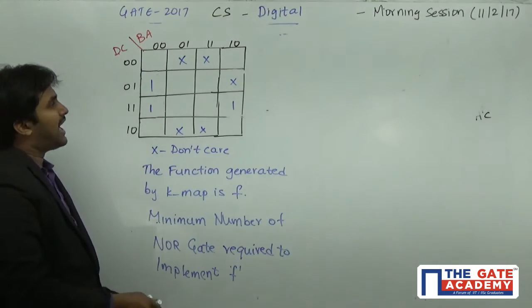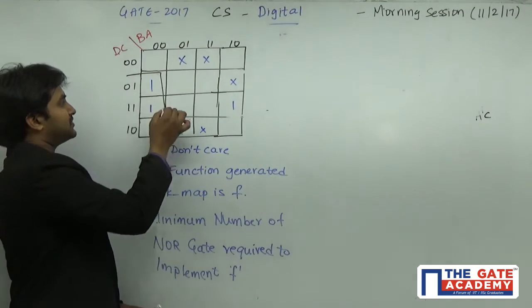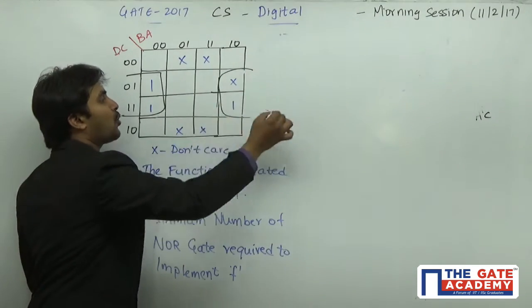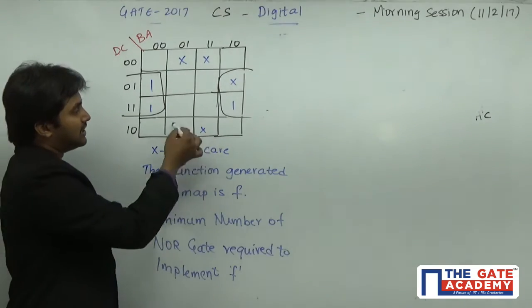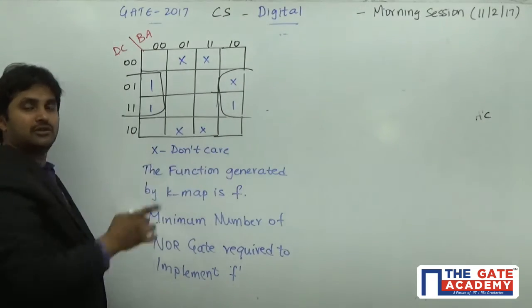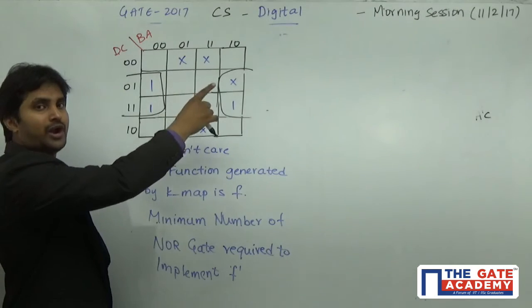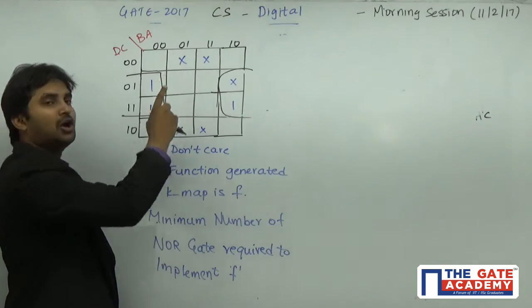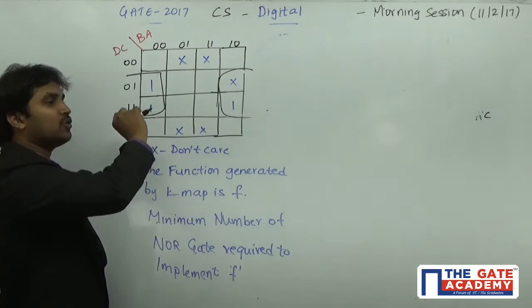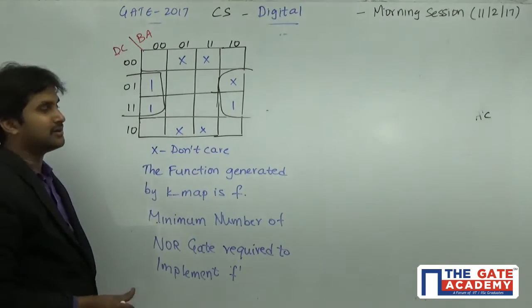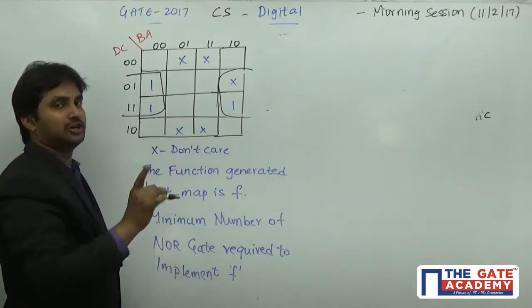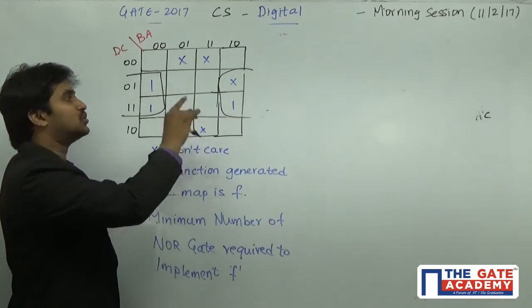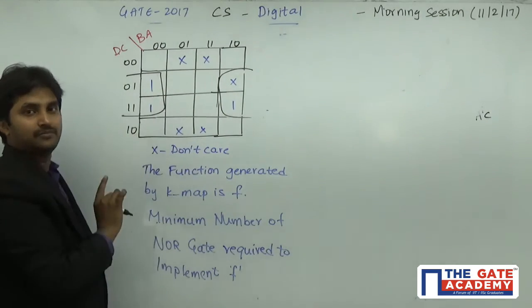So here I can form an octet. I can form a quad here. I cannot form an octet here because these don't cares are not required to form a quad, neither are they useful to form an octet. So I can only form a quad here. Are we going to consider this one and form a quad? Not at all, because don't cares are used only to assist the ones.